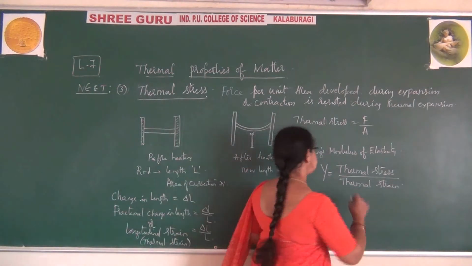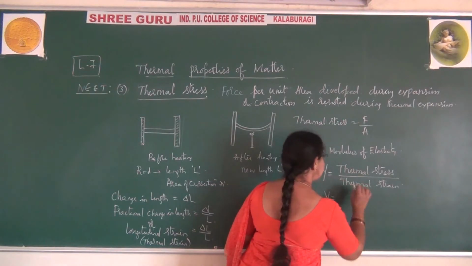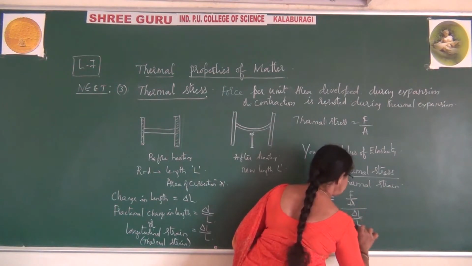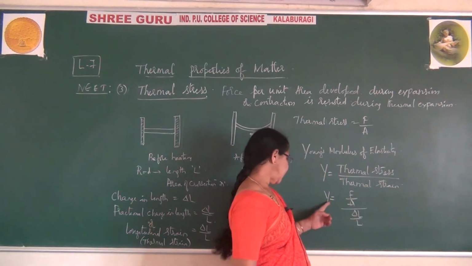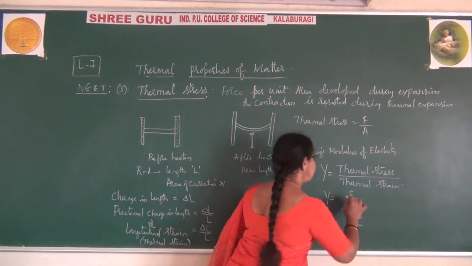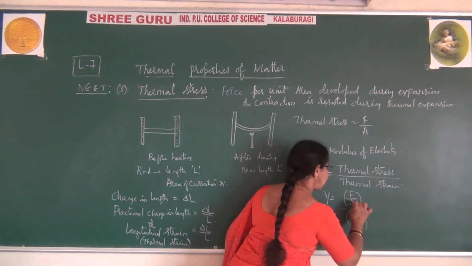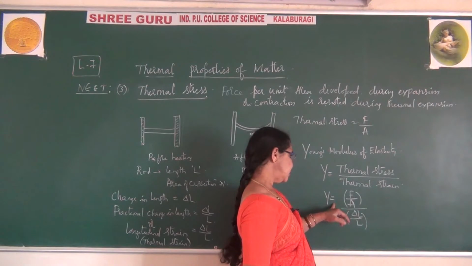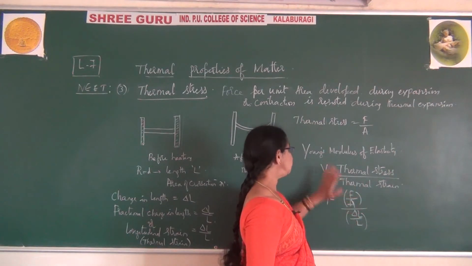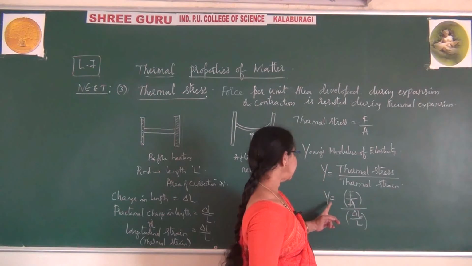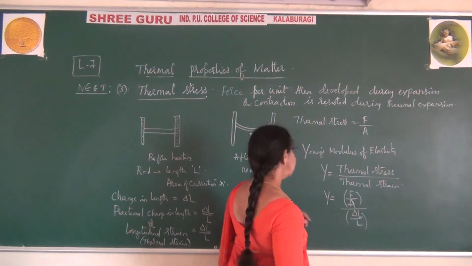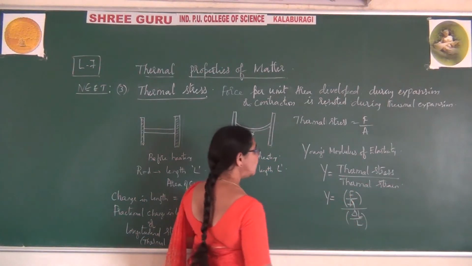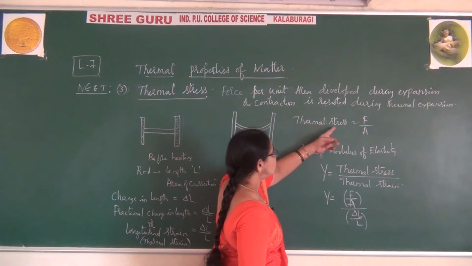So I write it as Y is equal to F by A divided by delta L by L. This is the numerator, this is the denominator. Now thermal stress means force per unit area, so force per unit area is equal to Y into delta L by L. This is the thermal stress I have written, force per unit area.